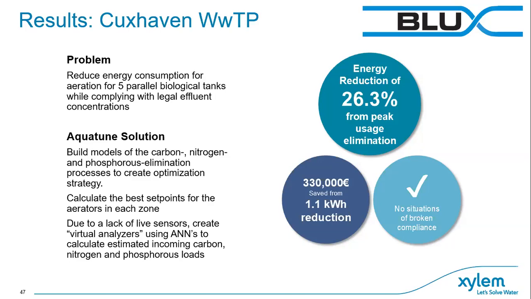By using that three-stage approach to understand the site, the works, the process, to take the data, and then to enable the use of that data to optimize, we were able to reduce energy by 26.3%, which was around a €330,000 per annum saving, and it gave the customer a much more controlled, much more confident capacity to meet his process discharges.